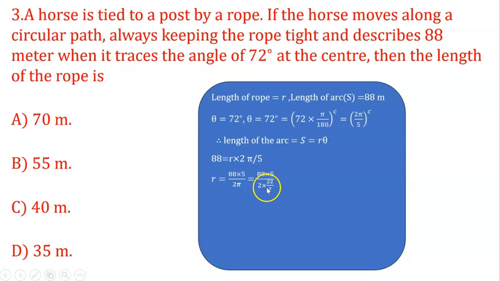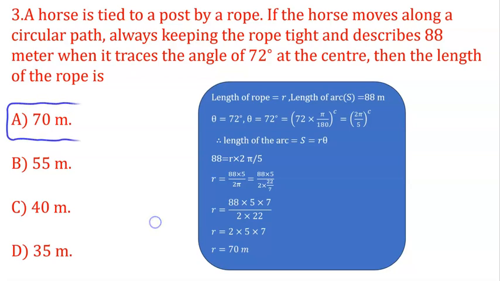Substitute the value of pi here: 88 into 5 upon 2 into 22 upon 7. And then after simplification, you will get here R is equal to 88 into 5 into 7 upon 2 into 22. And hence the value of R is equal to 70 meter. And hence option A is correct here.